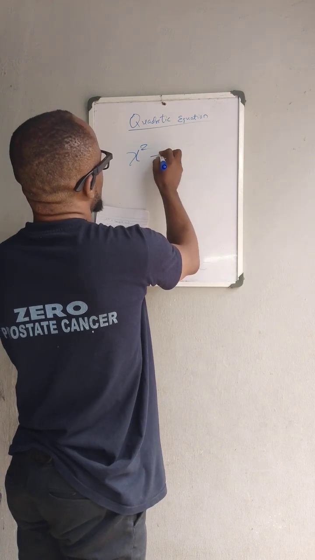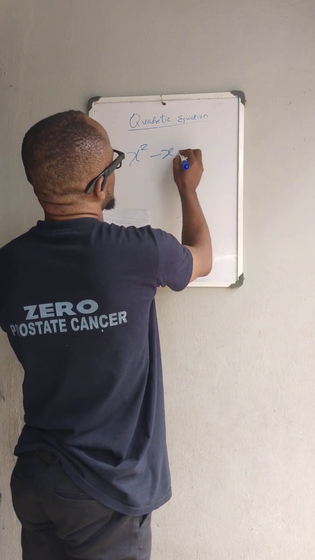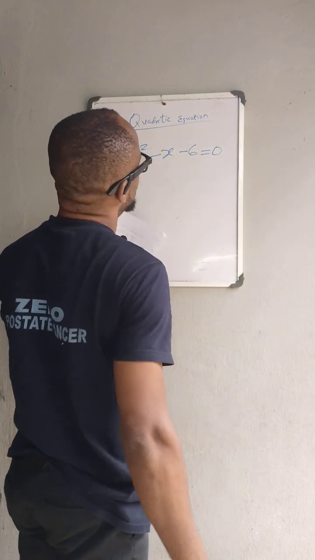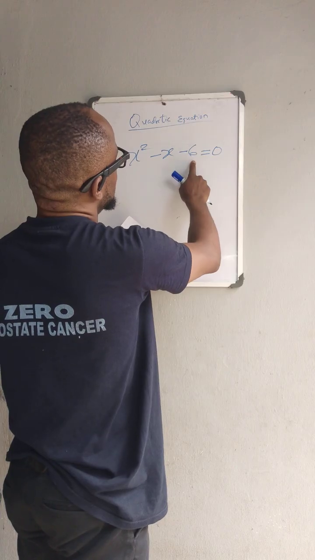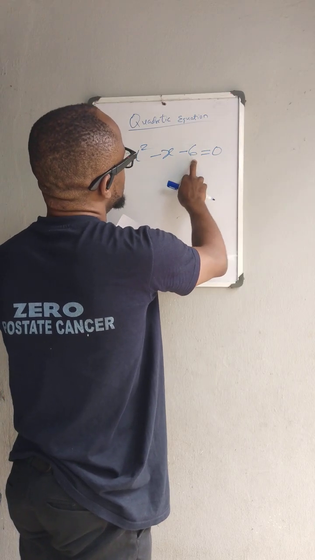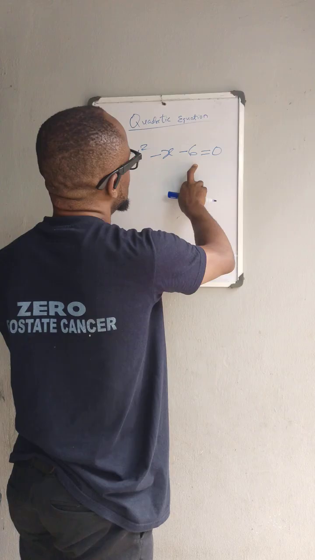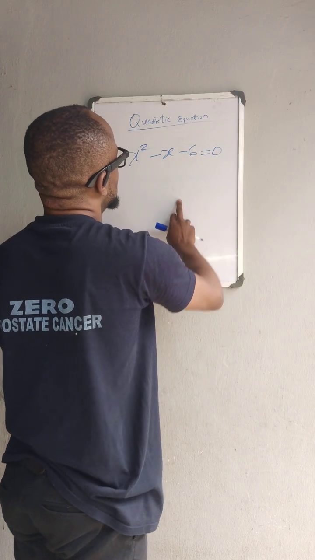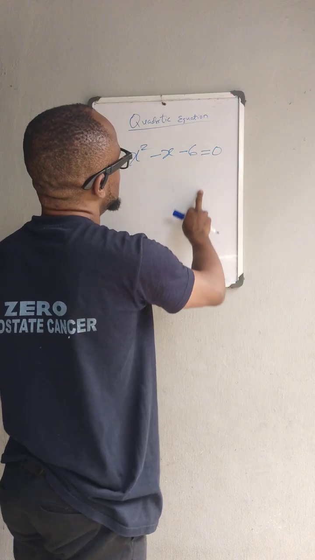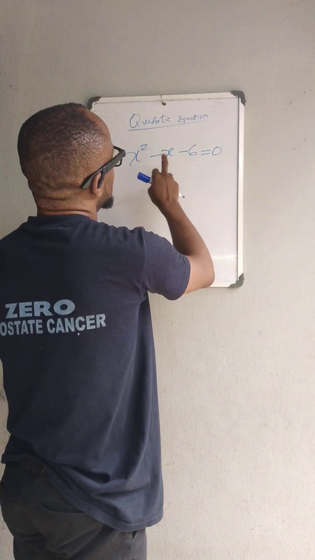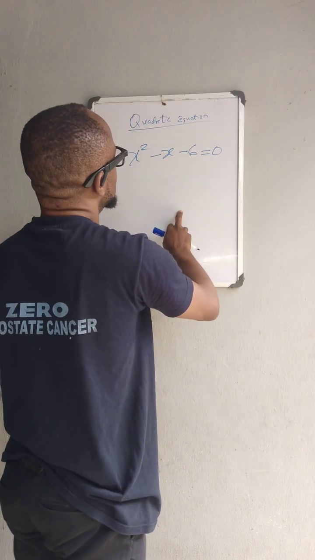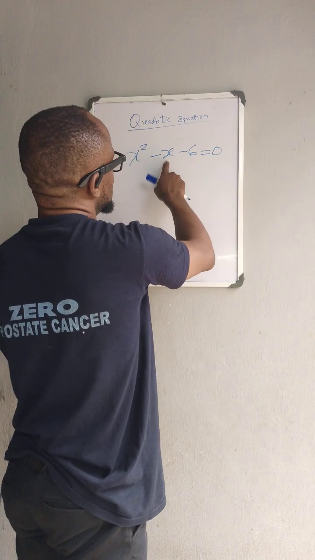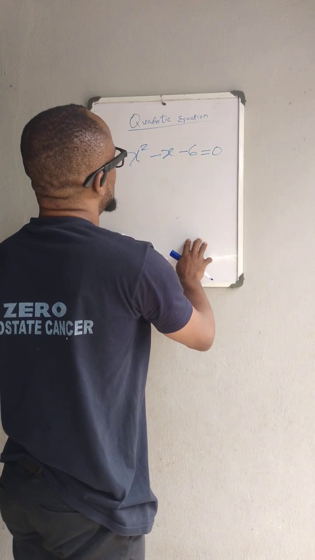Now, for example, when we say x squared minus x minus 6 equal to 0, which two numbers can multiply to give you 6, but when added, give you 1? 2 times 3 is equal to 6. Then 3 minus 2 will give you 1. And you don't need to write 1x, but you just know that the coefficient of x here is equal to 1.